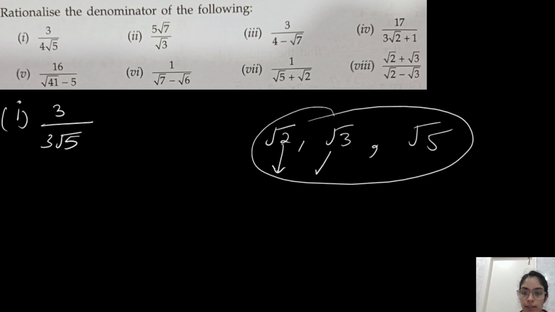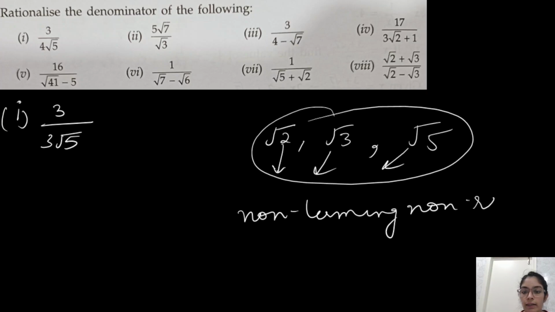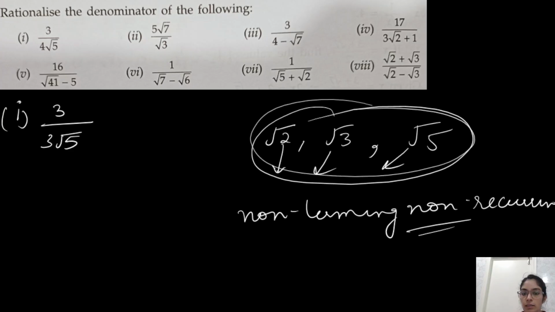If we calculate their answer, what type of answer will I get? I'll get non-terminating, non-recurring numbers. So as of now, you can remember what irrational numbers are. When you calculate irrational numbers, it can be in the form of a fraction also. Their answer is always non-terminating, non-recurring.